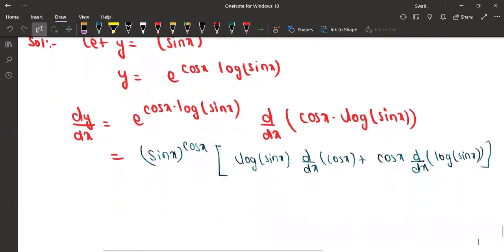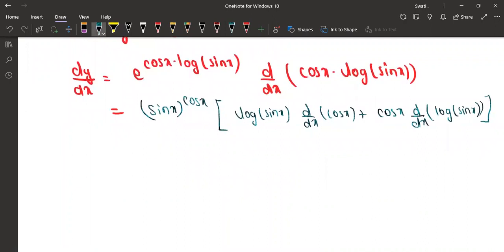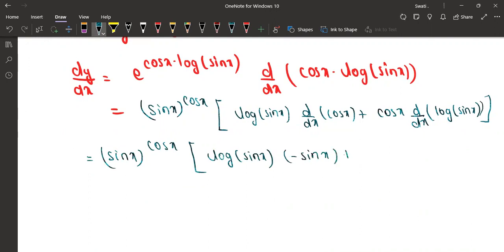Now, in the next step, we will write down this as it is, sin x raised to cos x. And then this will become log sin x as it is. And derivative of cos x by using the formula will become simply minus sin x. This is plus cos x, and derivative of log x is 1 upon x, that is 1 upon sin x.